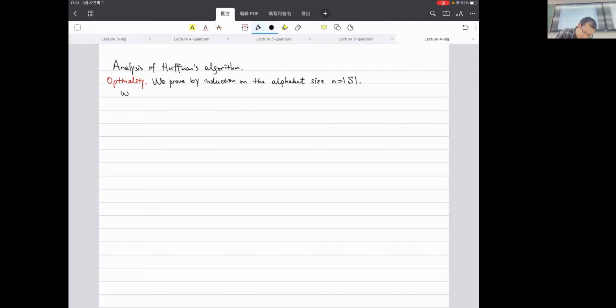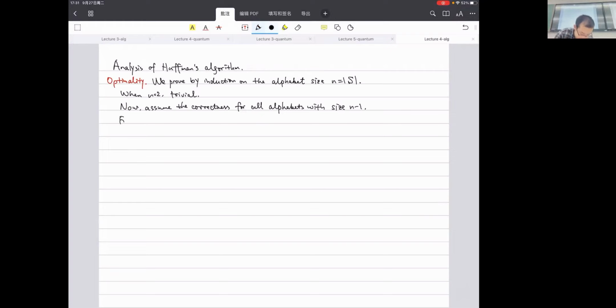When n equals 2, this is trivial, because in the case where you have two letters, the best way is just to have one letter be 0 and the other be 1. This is trivial according to the definition of Huffman's algorithm. Now assume the correctness for all alphabets of size n minus 1.